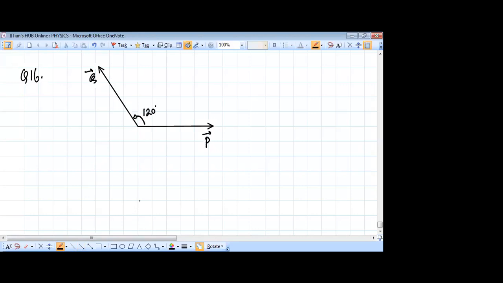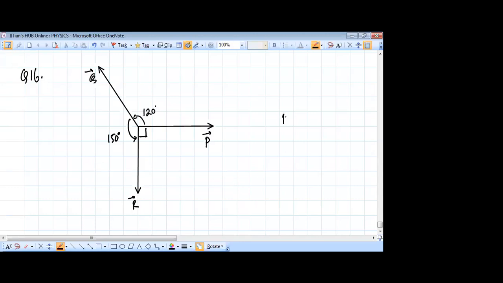And the angle between Q and R is 150. So if the angle between Q and R is 150, you will see it will be like this. This angle is 150 degrees. Then automatically this angle has to become 90.